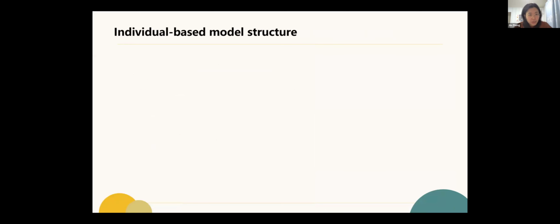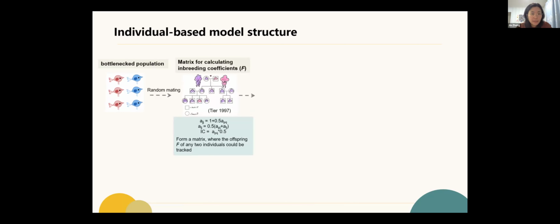Okay, and then I will introduce my model structure. So first, we create a bottleneck population including only 6 individuals, 3 males and 3 females, and we let them mate randomly. Once they get paired, they produce offspring. And then we will have a pedigree, which is a matrix for calculating the inbreeding coefficients.